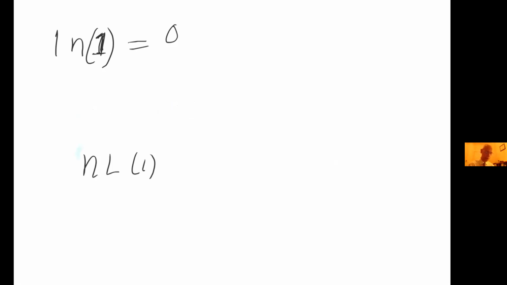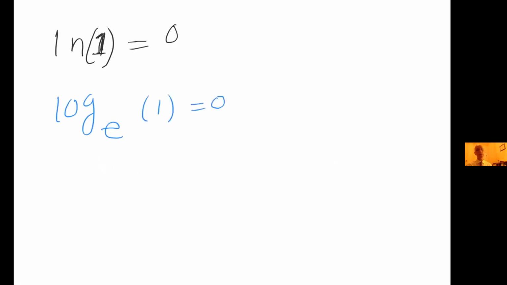This natural log of 1 equals 0 in fact means that log base e, that special number I'll be doing a video on, of 1 equals 0. So in terms of exponential function, I can say that e to the power of 0 equals 1.